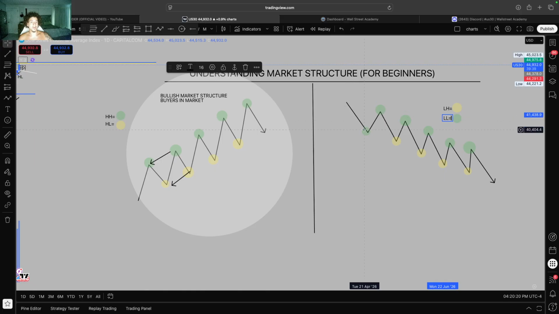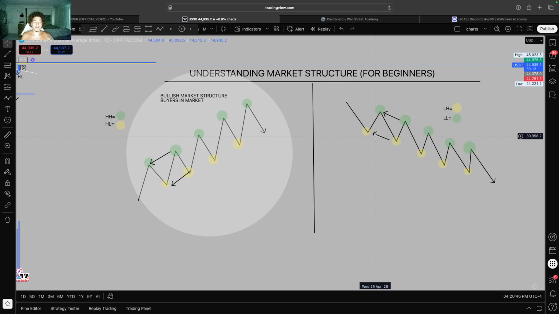It was already coming down, made its lower low right here on this green one, lower high, lower low. And why is it a lower low? Let me put this yellow. Why is this a lower low? All right, simple. Lower than the last low. Why is this a lower high? Simple. Lower than the last high, right?